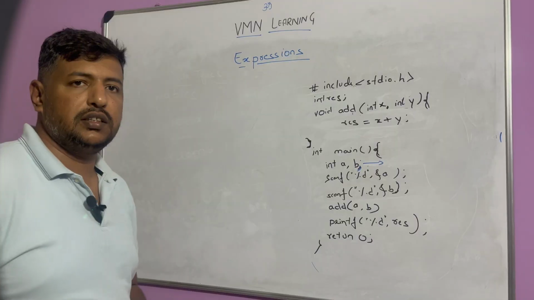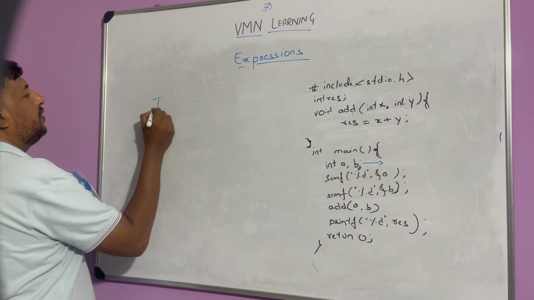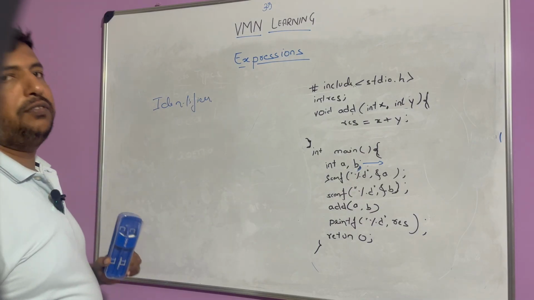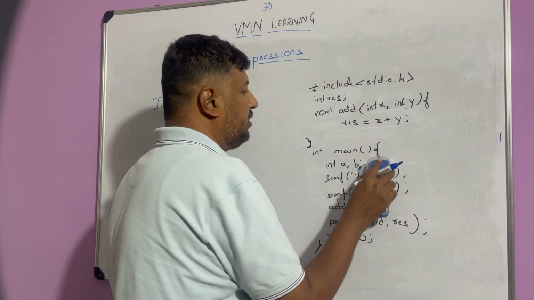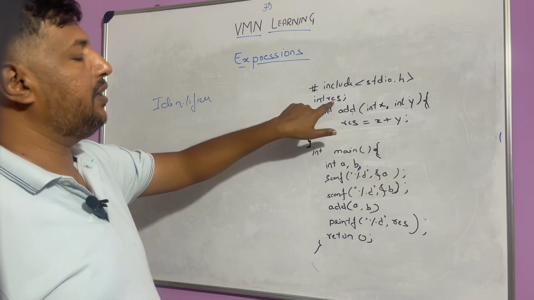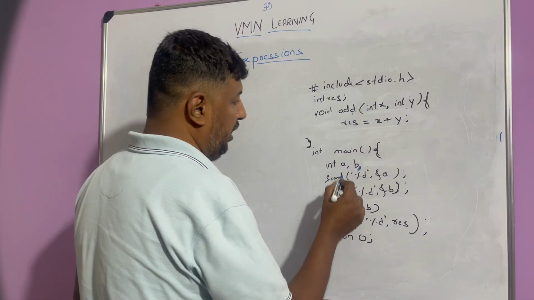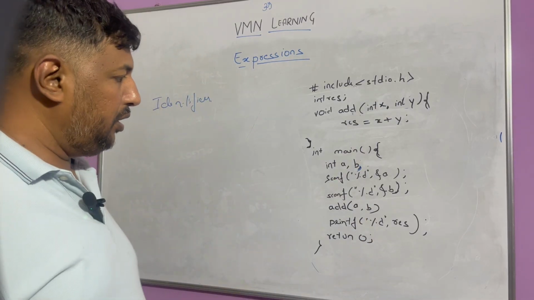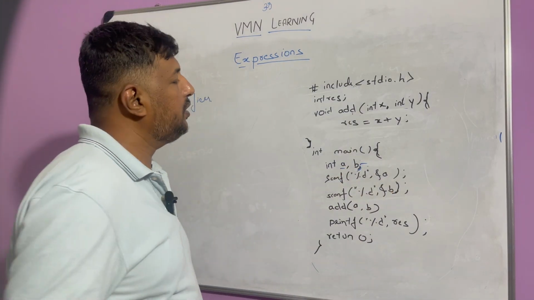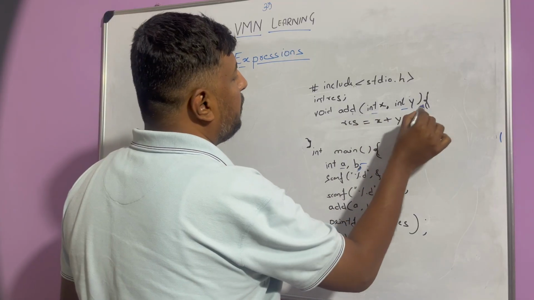Okay, now let's talk about identifiers. What are identifiers? This is the same program we used, where the res is declared as a global variable. So whatever input numbers, A and B represent input numbers. These we are sending here, so these are also input numbers.